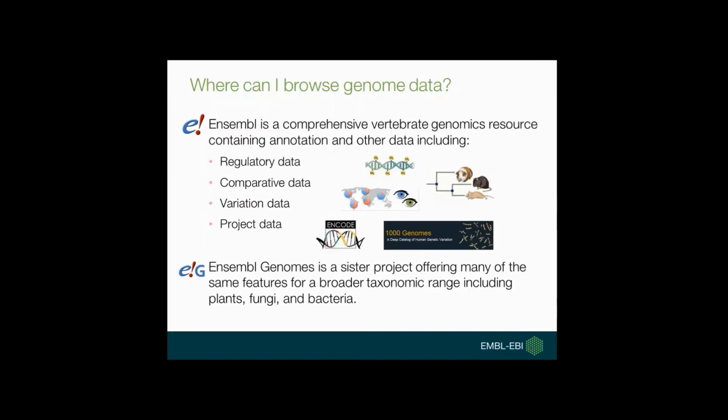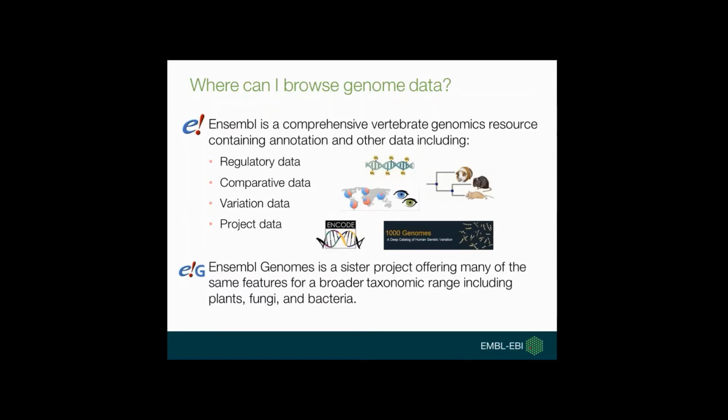We have also combined and integrated it with regulatory, comparative and variation data, including from some large-scale projects such as the ENCODE project, which has lots of regulatory information, and the 1000 Genomes project, which contains variation data.